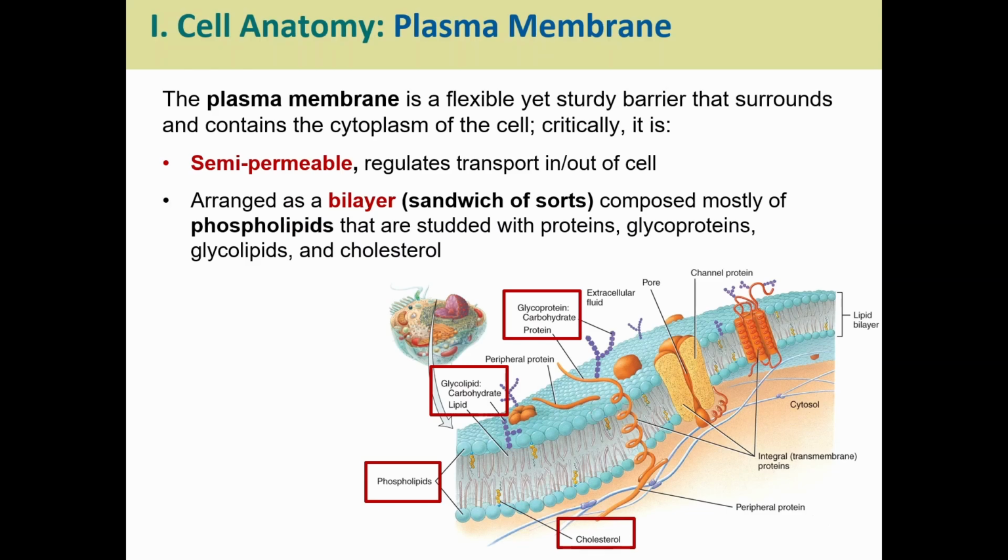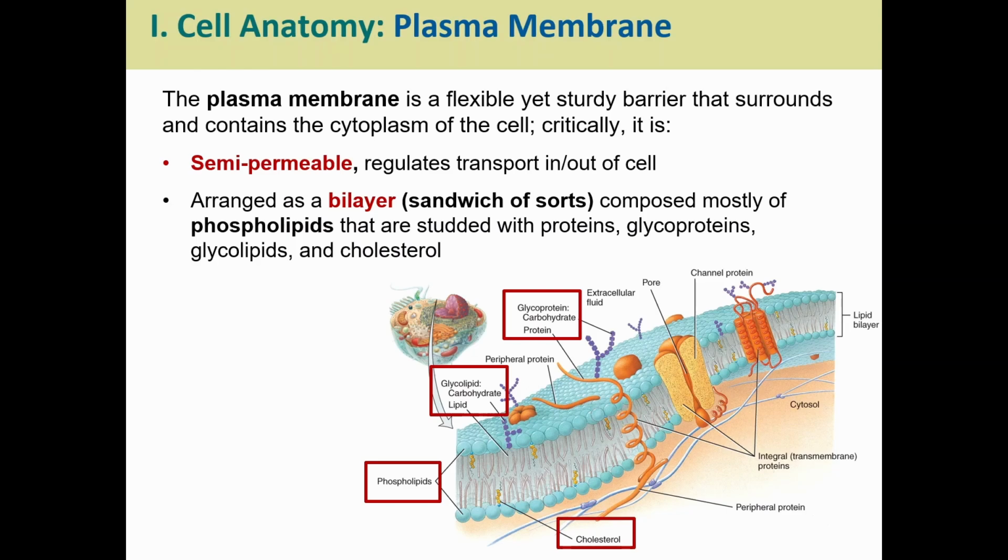So because of that nature of the phospholipids, they're going to automatically arrange themselves in a way so the hydrophilic side faces water and the hydrophobic sides don't, right? So we see that's the arrangement. This arrangement will happen without really any intervention. This arrangement will just simply happen because of the chemistry of the phospholipids and the cytosol inside the cell, as well as the fluid surrounding the outside of the cell.